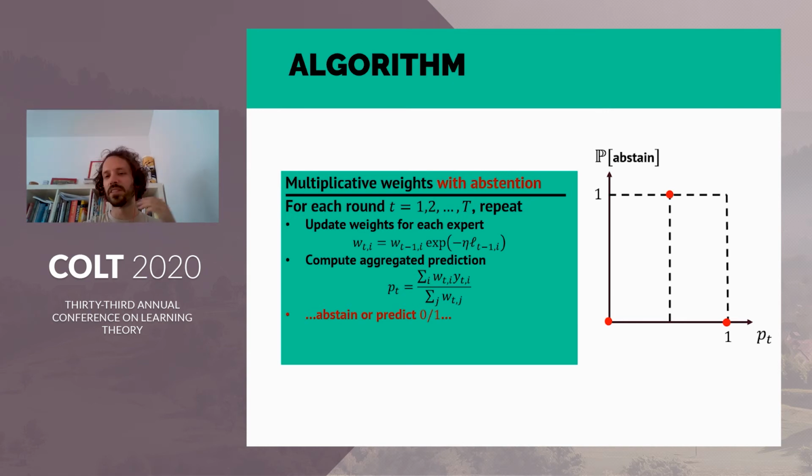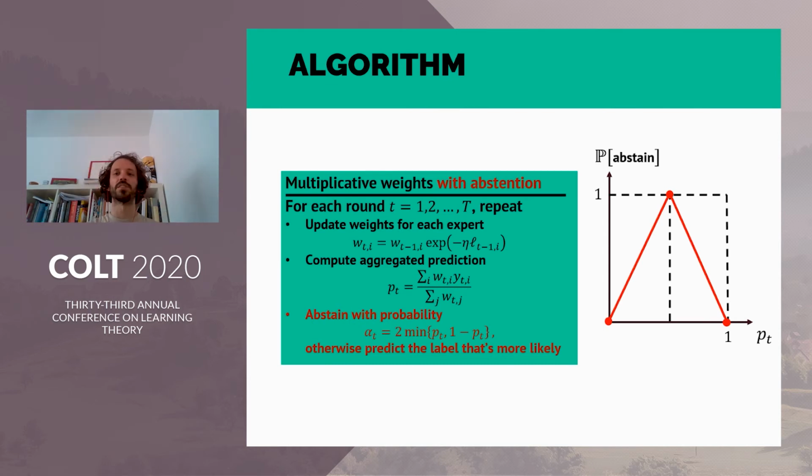And what we decided to do in this paper was just to linearly interpolate between these values and probabilistically decide whether to abstain or not. So what this graph shows here is the probability of abstention given this aggregated prediction p_t.